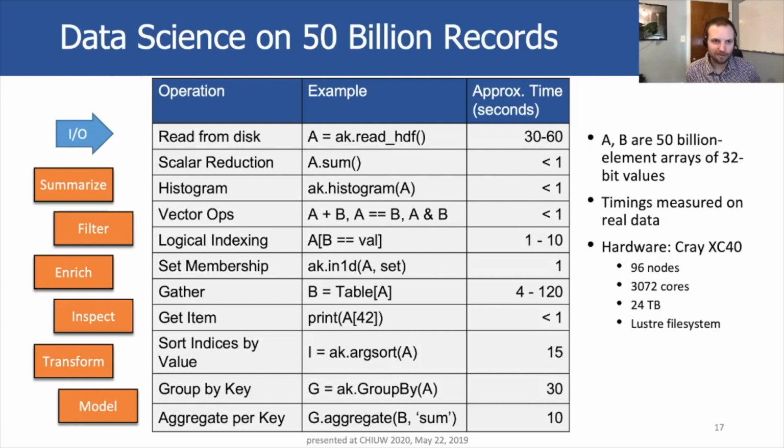So if we work our way down this table, you can first see that reading in an array stored as an HDF5 file type takes about a minute. We have some descriptive statistics operations such as scalar reduction, histograms, vector operations. These all took under a second to compute.